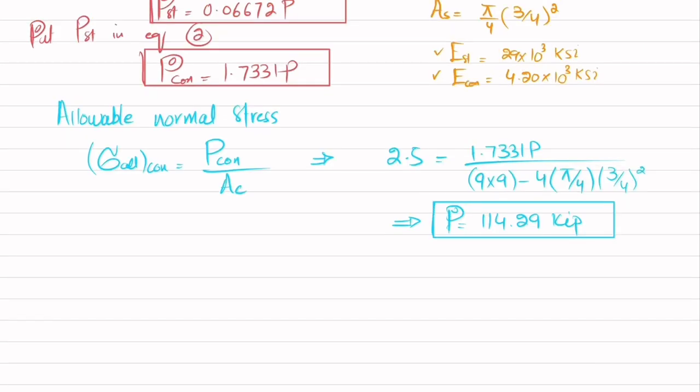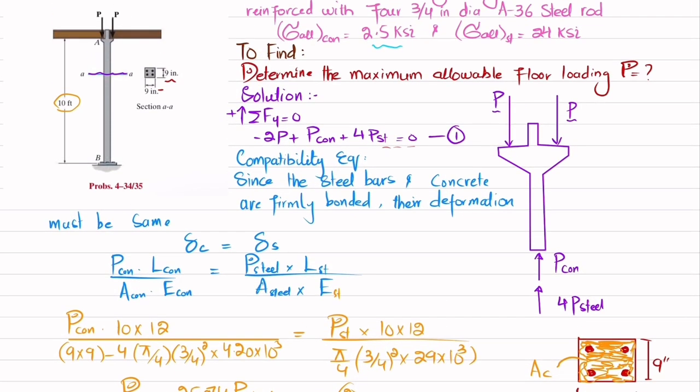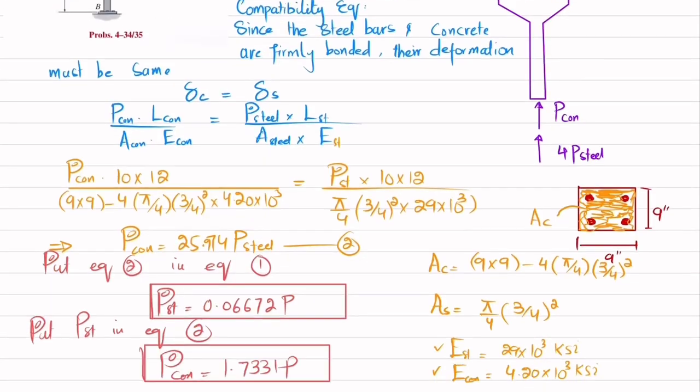Now we will calculate the P load for allowable stress of steel, which is equal to P of steel divided by area of steel. So P of steel is 0.06672 times P divided by area of steel, which is pi by 4 into (3/4) whole square. So allowable normal stress for steel is 24 ksi.